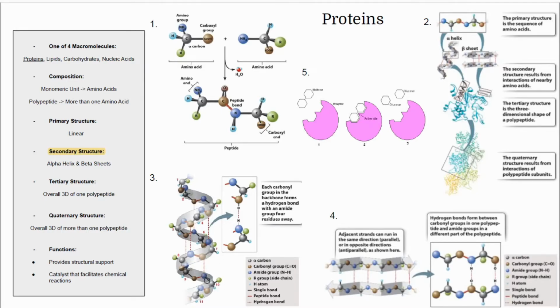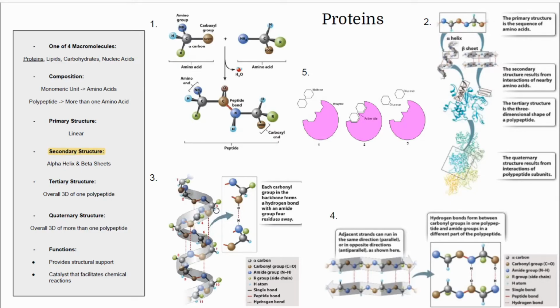So as you can see here, this is the 10th amino acid. The amide group has a hydrogen bond with the 6th amino acid's carbonyl group. This is a better picture to see how the hydrogen bond looks. The amide group's hydrogen forms a hydrogen bond with the carbonyl's oxygen.